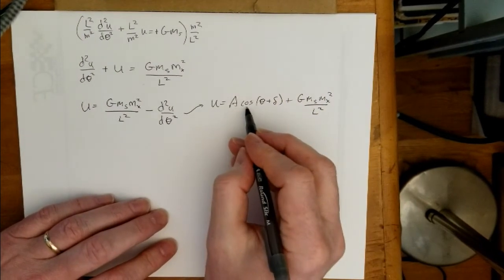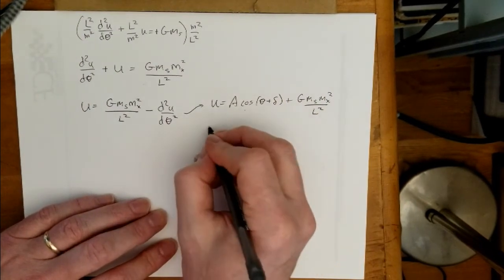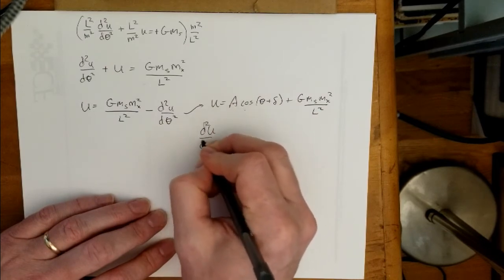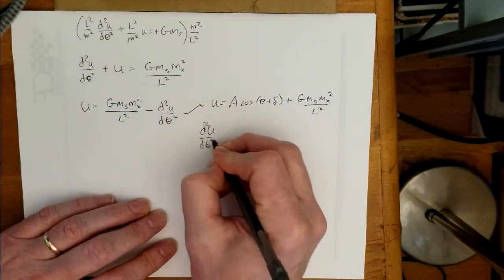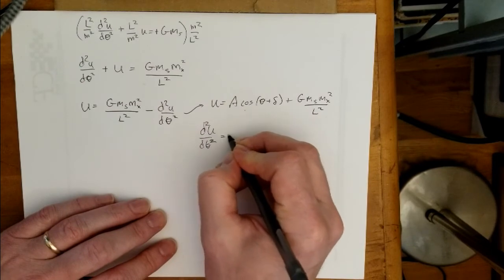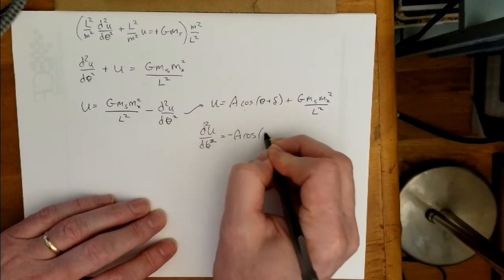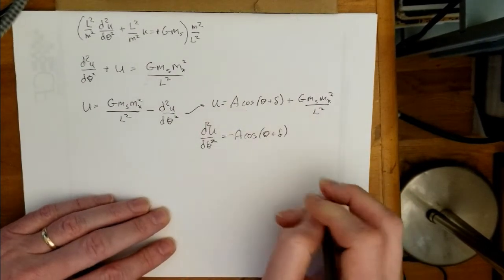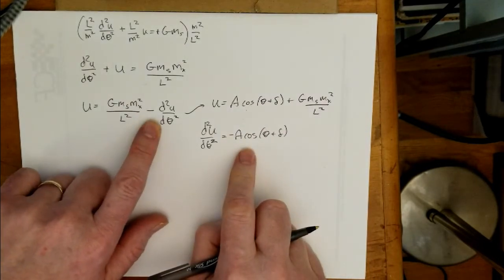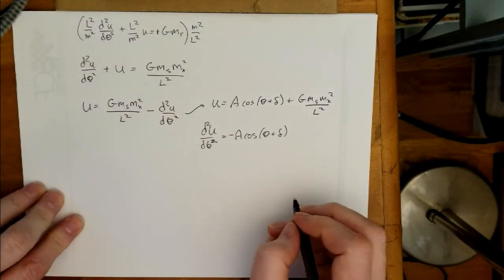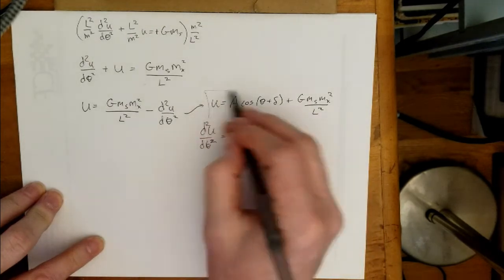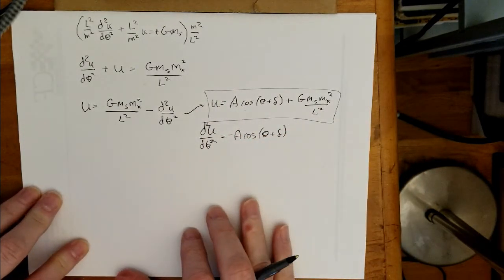And so this becomes negative sine, then negative cosine. So the second derivative of u with respect to theta is equal to negative A cosine of theta plus phi. And if you plug that in here, it works out. So that is our solution at the moment.